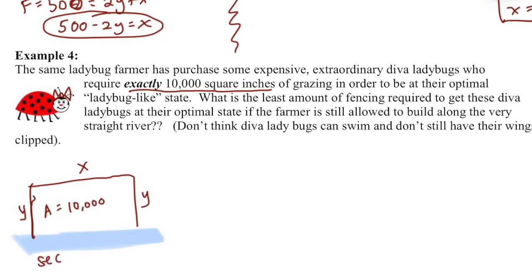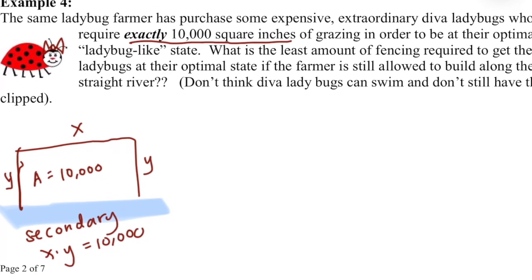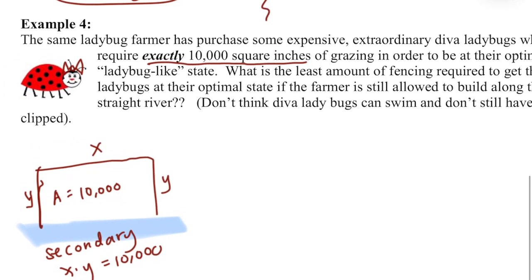So my secondary equation is that x times y, the area, equals 10,000. Okay? This is what I've been given. And I want the least amount of fencing. So I want to minimize fencing.